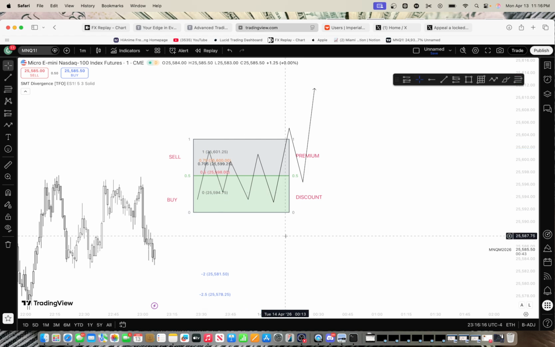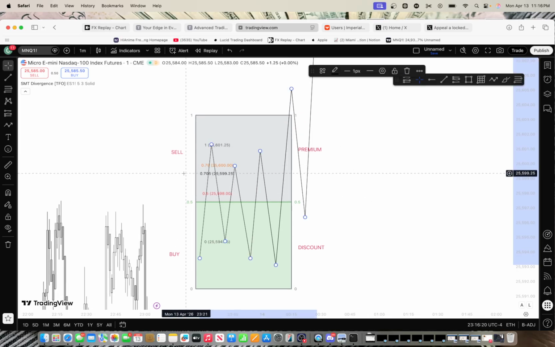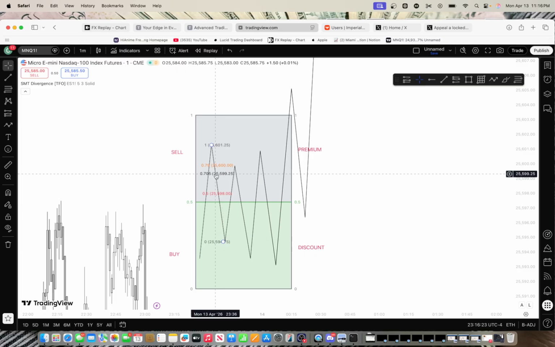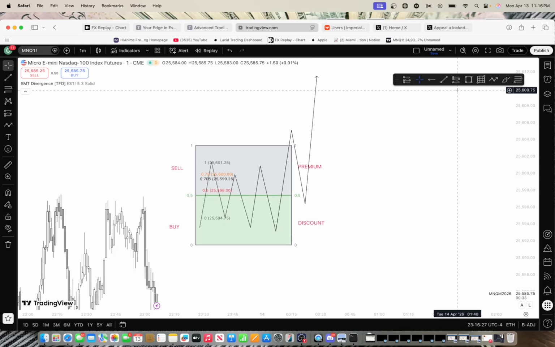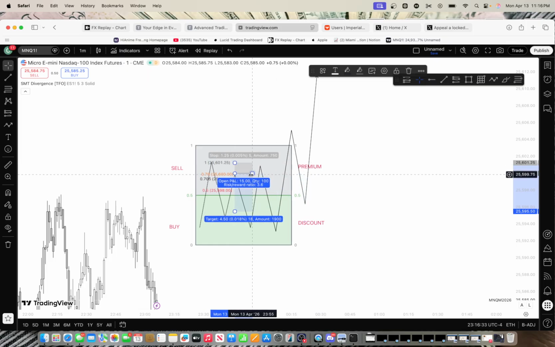I would be expecting either my 0.705 level to get hit or my 0.79 level to get hit, and from there I would be executing my trade off of that level. Stops above the high, or stops above a fair value gap or order block, it doesn't matter.